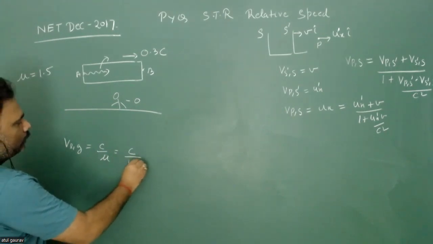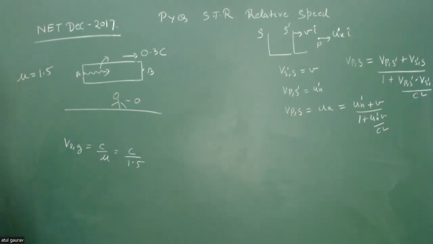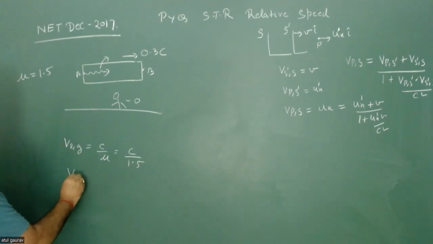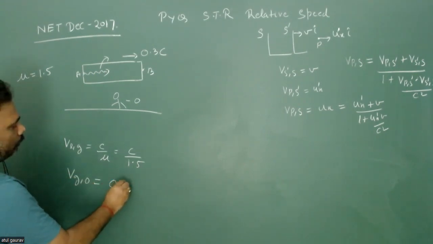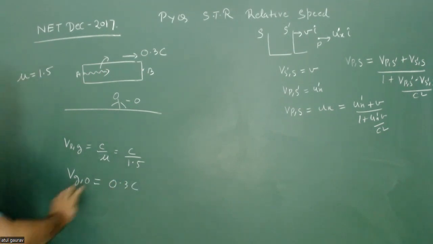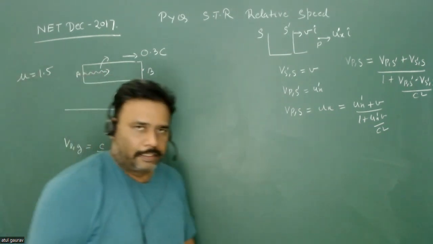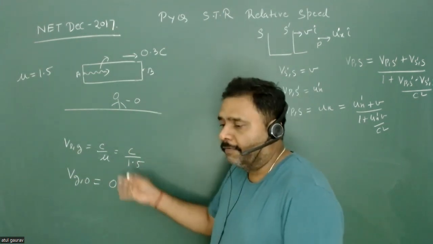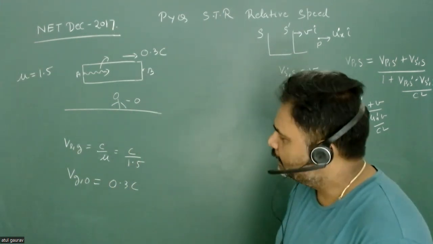So this will be c upon 1.5. And the velocity of the glass plate with respect to the observer is nothing but 0.3 c. So obviously both speeds are relativistic in nature, both comparable to the speed of light.